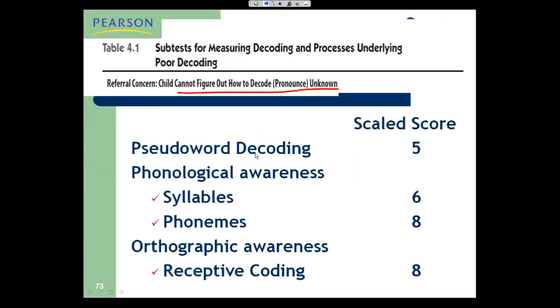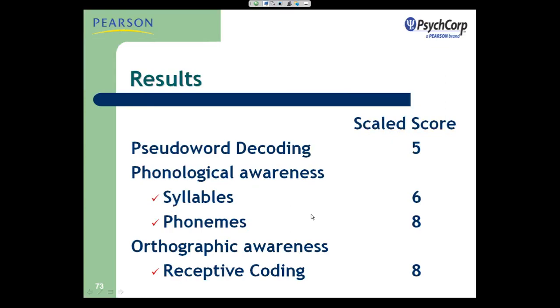So let's say, for example, these are the data that I generated for a student who was struggling with the naming of words, pseudo words. Notice the scale score here is 5. So based on that weakness at the skill level, I try to understand what might be causing that breakdown.